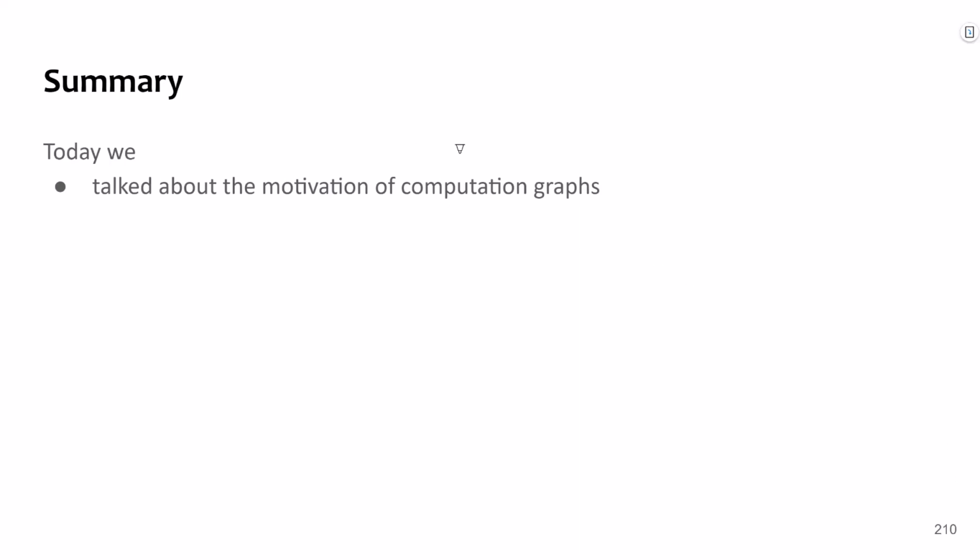Okay, that was the last example, and let's summarize this session. In this session, we talked about the motivation of computation graphs. What was the motivation? We cannot calculate all the gradients on paper. And if we switch or change some of the modules, then we need to do the derivations from scratch again. We want to avoid that situation.